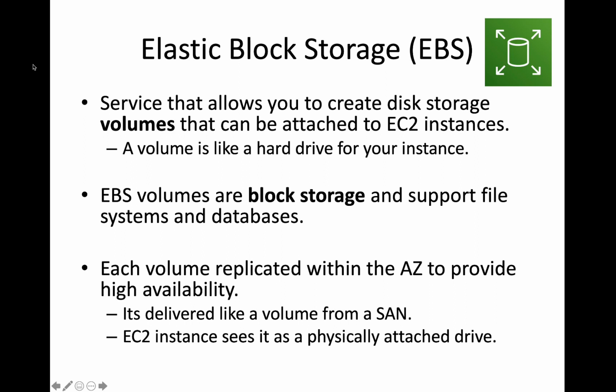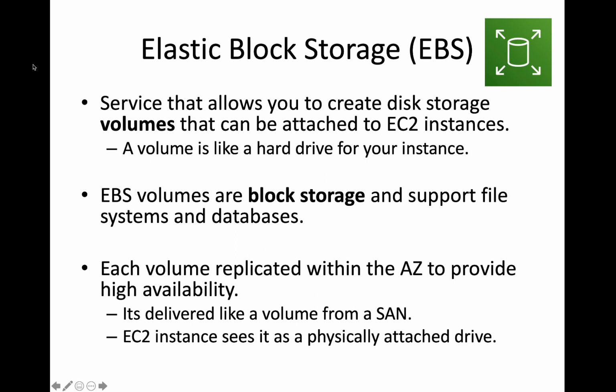And from the standpoint of our virtual server, an EBS volume looks like a hard drive. So when you access your EC2 instance and you look at the file system, that file system is stored on EBS. And the operating system, if it's Windows or Linux, sees that EBS volume and treats it as if it is a hard drive.